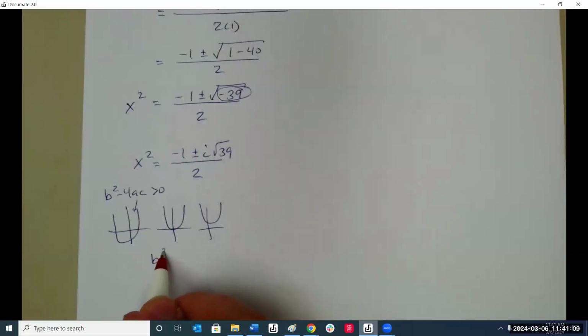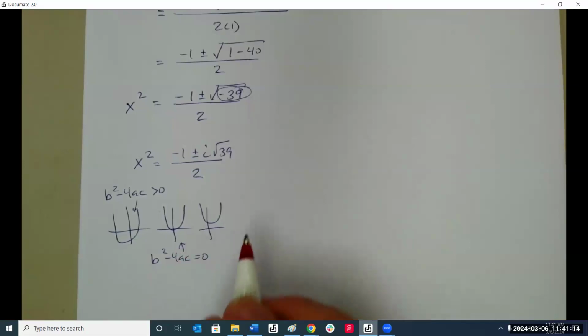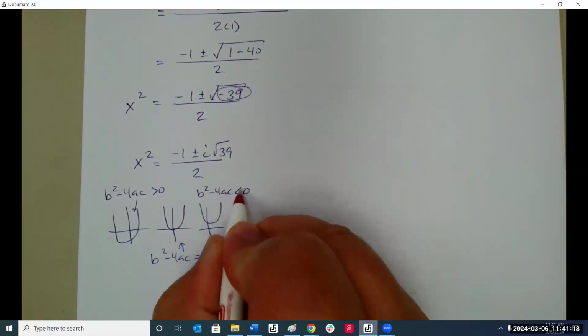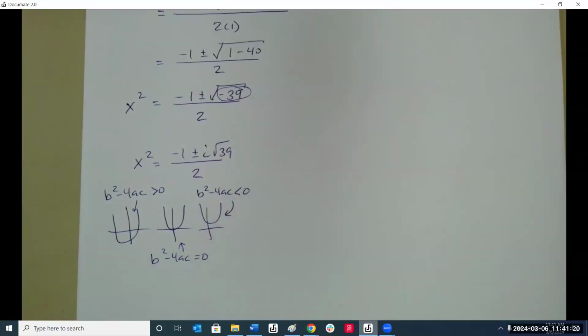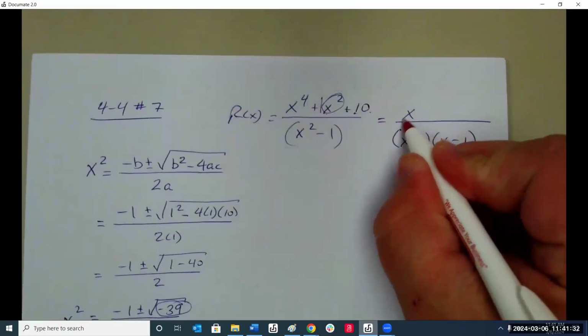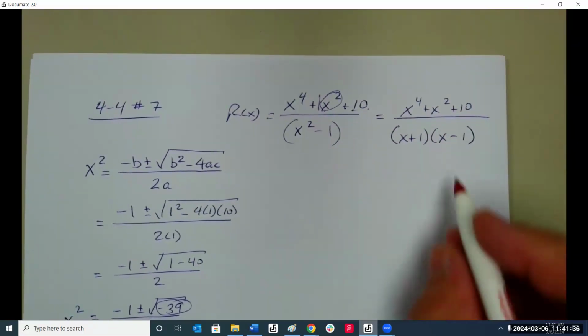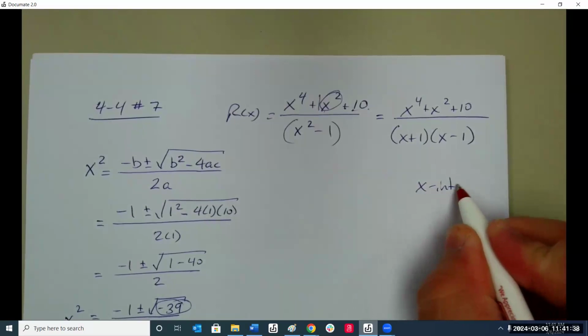If b squared minus 4ac equals 0, we have that. If it's less than 0, we have this kind of graph. So we have no x-intercepts, which is going to make it more difficult to graph. So no x-intercepts.